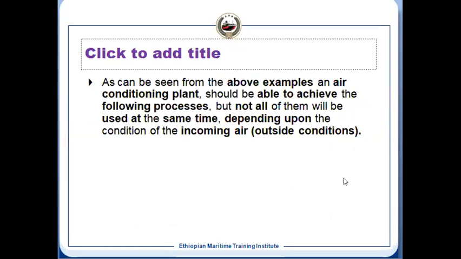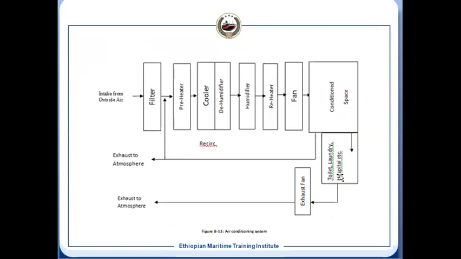So now, this is the recirculation we actually have on board the ship. This is the block diagram. The recirculation comes after the filter, because this air is already filtered. Fresh air only passes through the filter, and we have one flap for the fresh air and another flap for the recirculation.